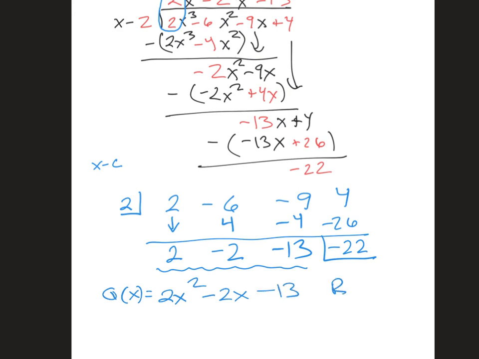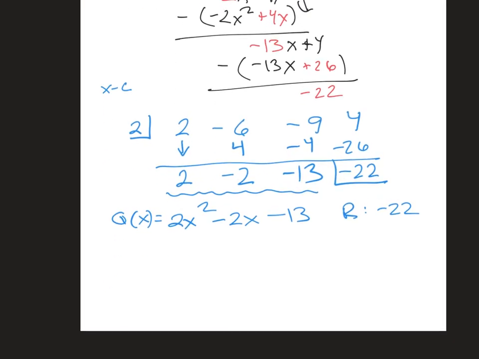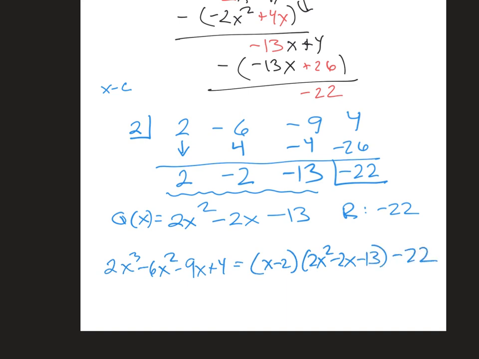And my remainder was -22. So I can rewrite now this polynomial as 2x cubed minus 6x squared minus 9x plus 4 equals my divisor times my quotient, plus my remainder, which happens to be minus 22.